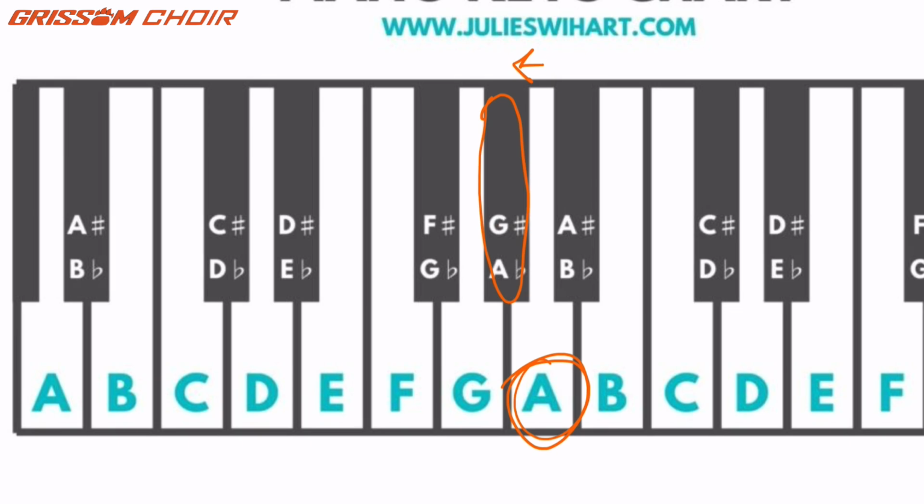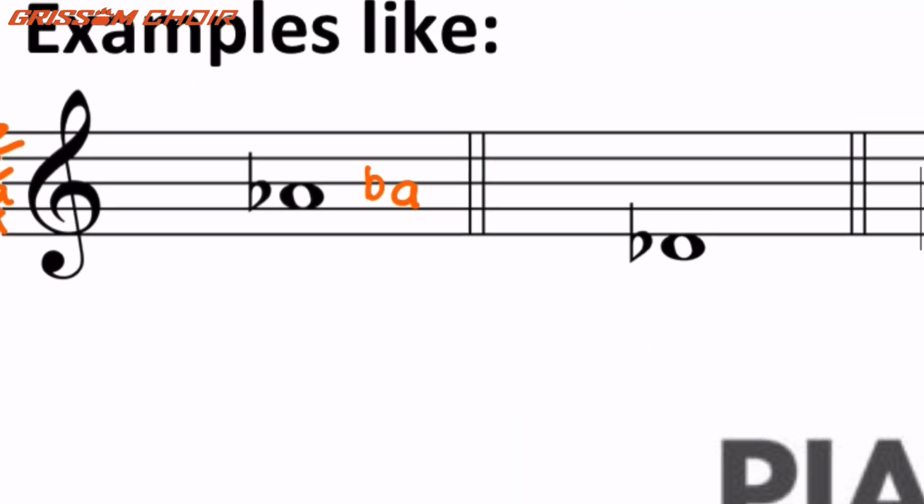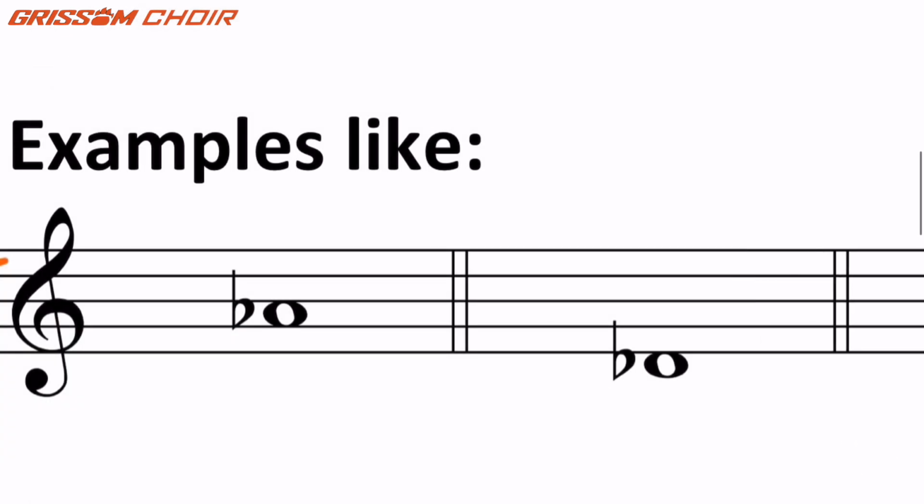We're looking for the enharmonic spelling of A flat, so it must be G sharp, because G is right here, and G sharp shares the exact same key as A flat. So what you will need to write is G sharp. The enharmonic spelling of A flat is G sharp.